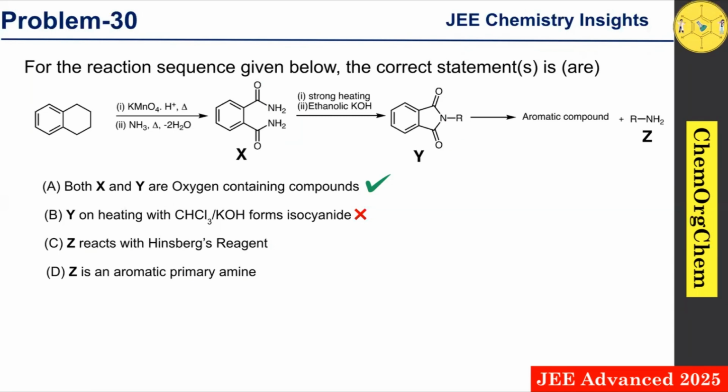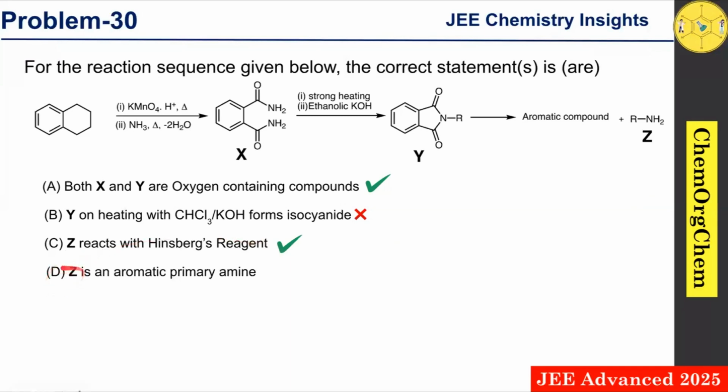Hinsberg reagent is generally useful for the differentiation of primary, secondary and tertiary amines. So definitely this primary amine reacts with Hinsberg reagent. Therefore this statement is correct. Here, benzene sulfonyl chloride is called Hinsberg reagent.